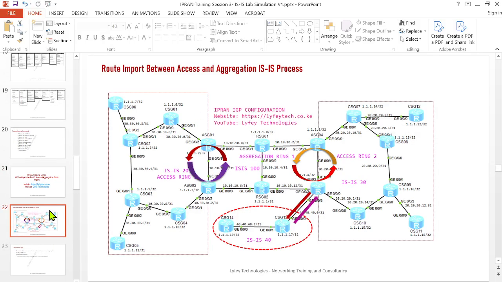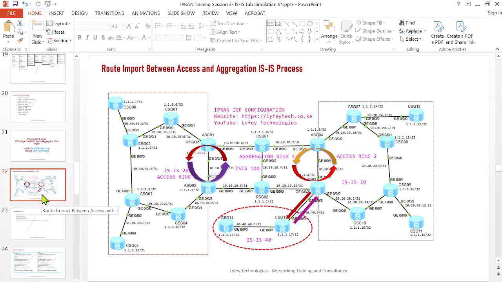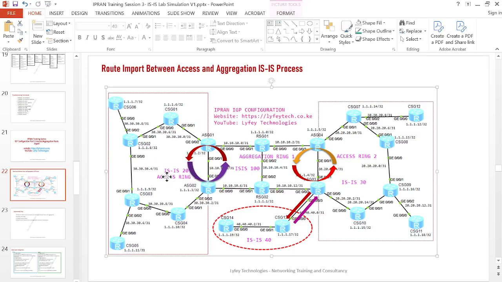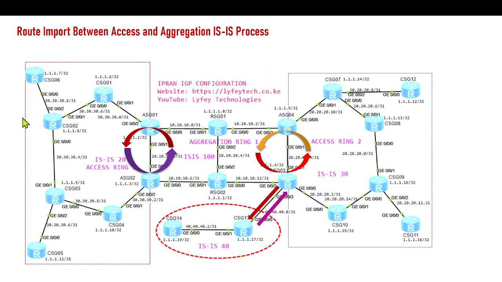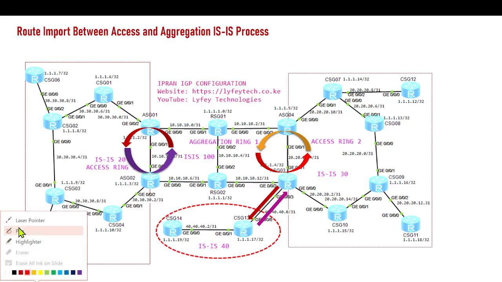So to the third part, we only have two parts remaining. Hopefully, they are just a few configurations. At this stage, we have now configured ISIS in these different rings: aggregation ring 1 and access ring 2. We have also had an extension of a chain here. So now we need to ensure that we have communication.